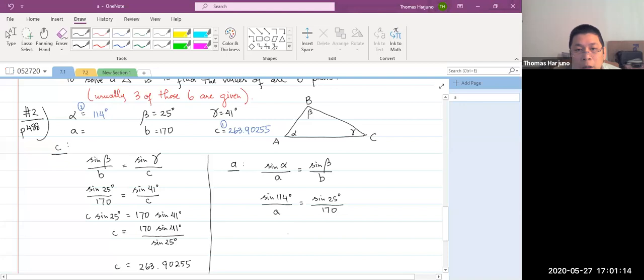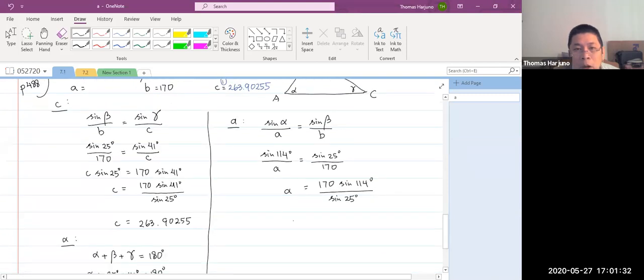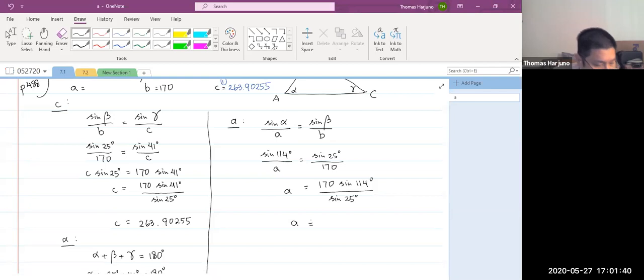Then A will be equal to 170 sine 140 degrees over sine 25 degrees. So A will be, let's see, what do I get? 170 sine 114 divided by sine 25 degrees.